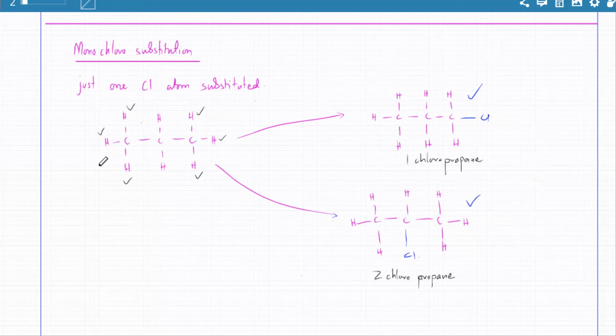If any of the 6 hydrogens over here get substituted, any one of them, it would lead to 1-chloropropane. And if any one of these hydrogens in the middle gets substituted, the green ones, you get 2-chloropropane. And if the ones on the side get substituted, you get 1-chloropropane.